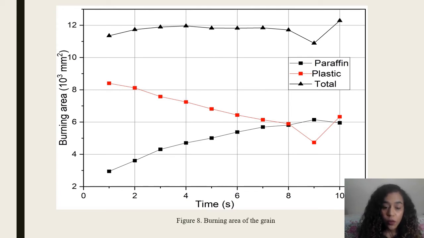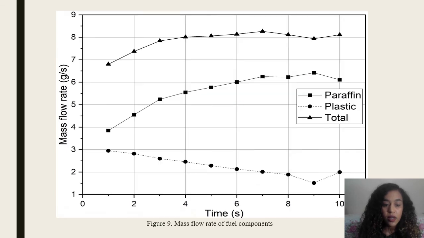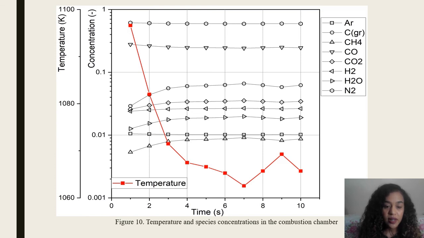The regression rates and consequently the mass flow rates of plastic and paraffin were calculated by previously presented equations. Figure 9 shows the mass flow rates of paraffin, plastic, and their total. Figure 10 presents the distribution of chemical species with considerable concentrations at the exit of the combustion chamber.